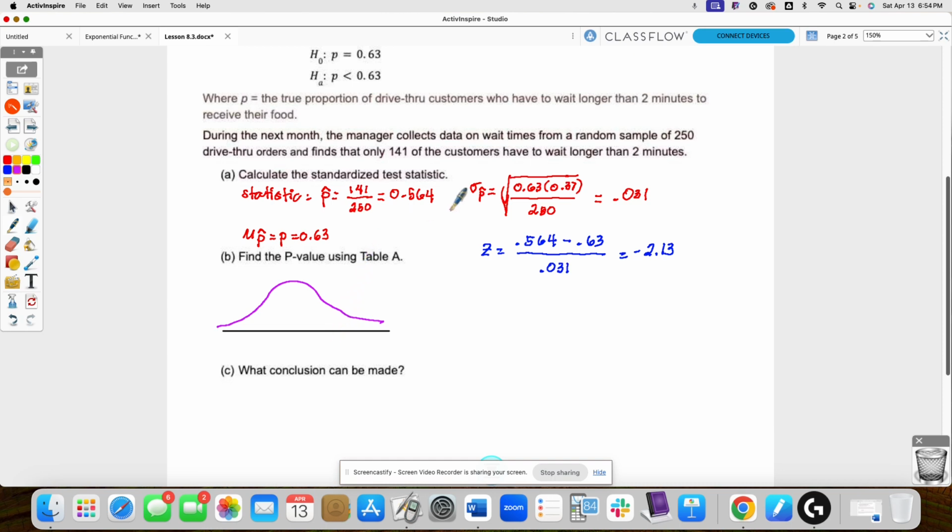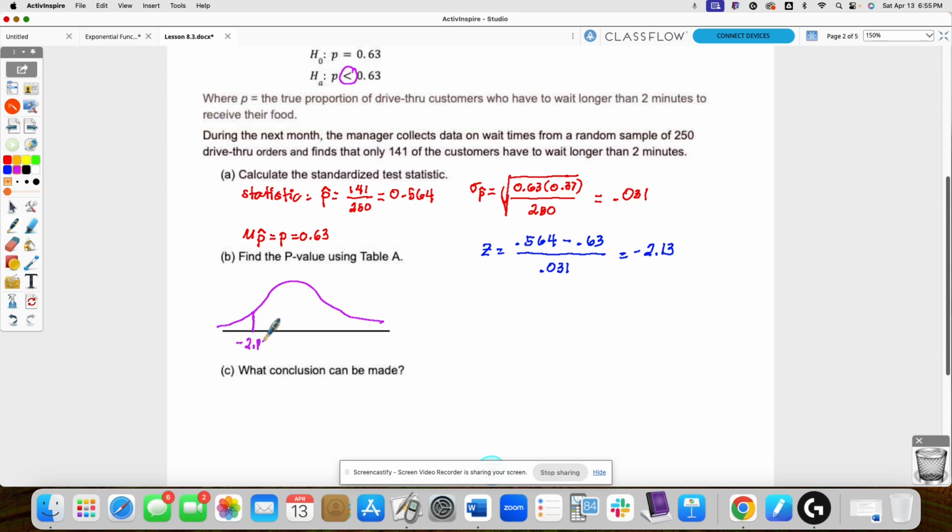And now, so that you know which area to shade, you take a look at the alternative hypothesis. Okay, let's first plot the z value. So z value is negative 2.13. So it's right here. This is your negative 2.13.